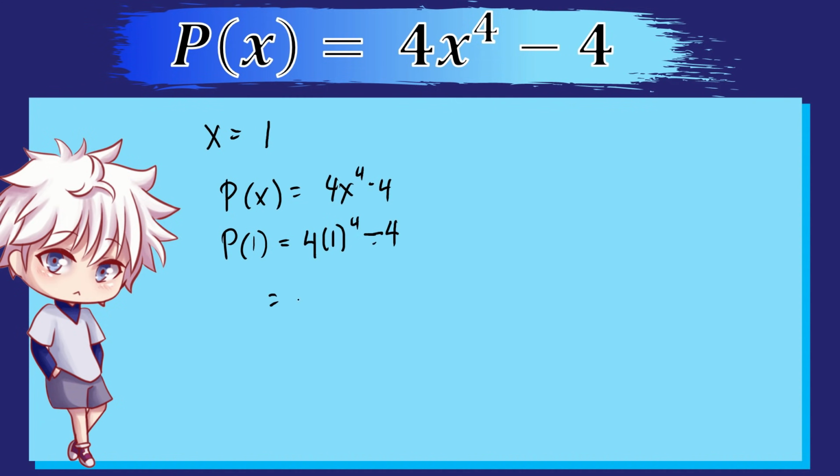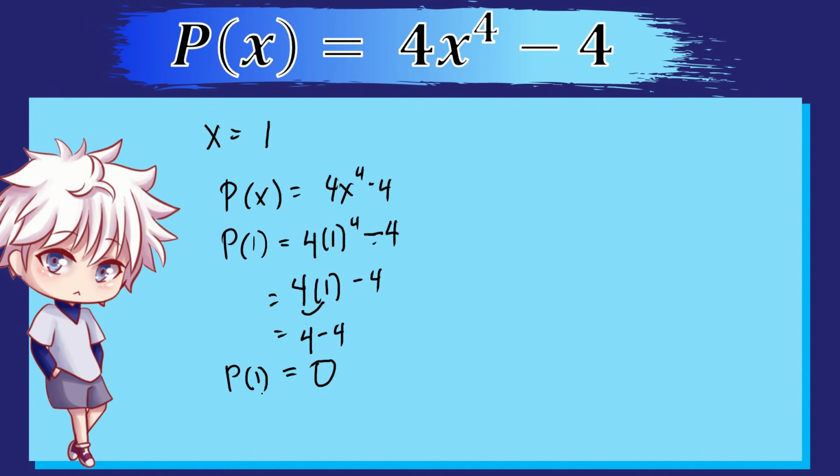So, simplify muna natin yung exponent. 1 raised to 4. Obviously, any number naman or any exponent naman kay 1, ang sagot pa rin ay 1. Kasi kahit i-multiply natin siya ng paulit-ulit sa sarili niya, the answer will be 1. So, we have 4 times 1 minus 4. Then, 4 times 1, 4 minus 4 equals 0.